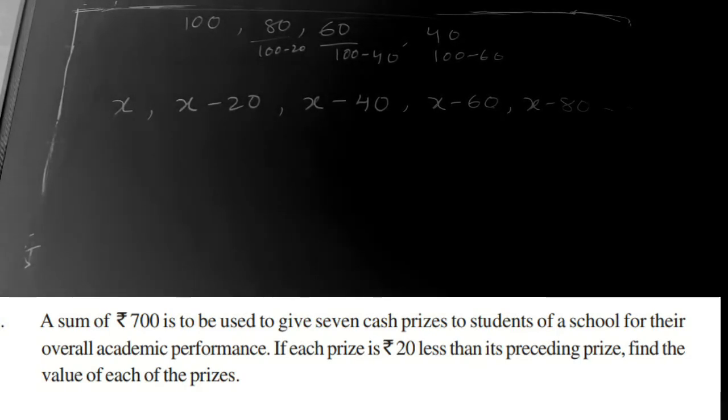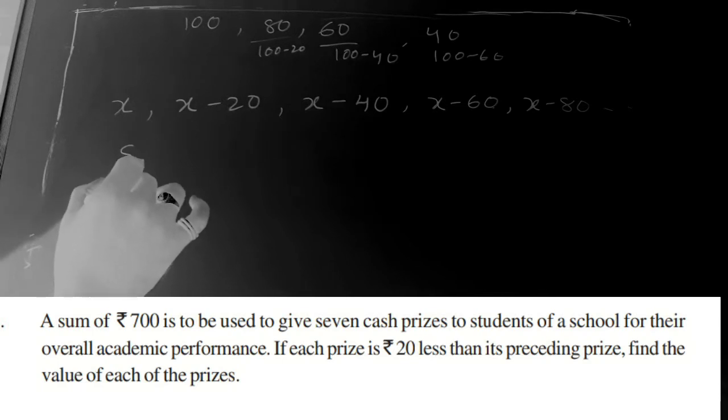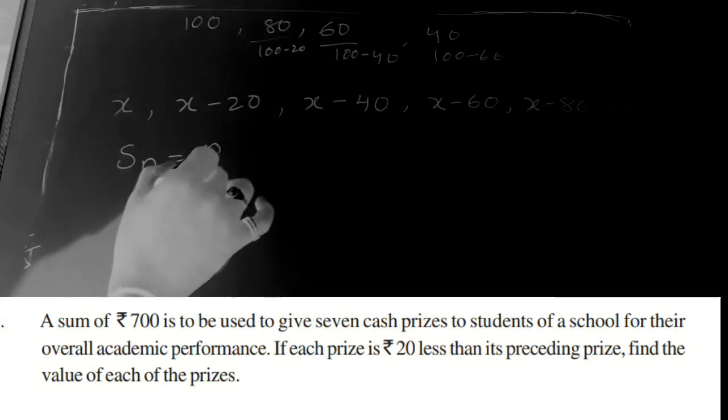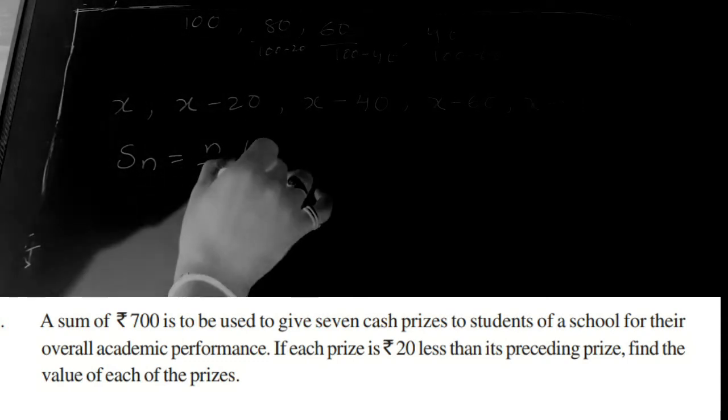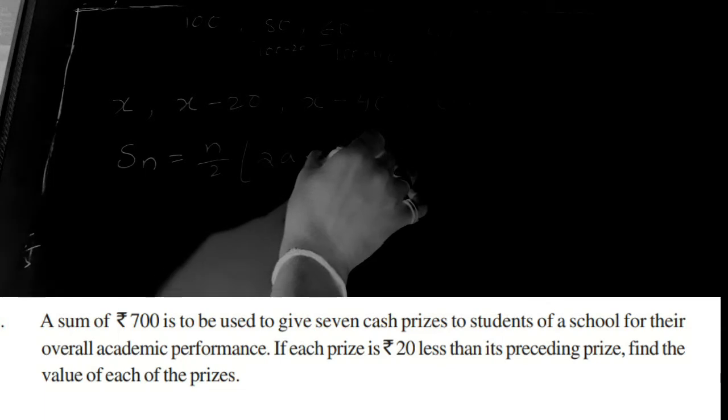Now what is the question asking? Find the value of each prize. We are given 7 such prizes. We know that Sn is n by 2 times 2a plus (n minus 1) into d.